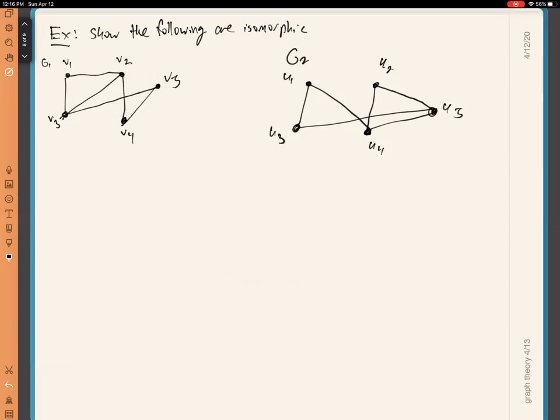And so we'll notice that the number of vertices in each graph is the same, right? So they both have 5 vertices. And moreover, there's no obvious reason that they're not isomorphic, like in the previous example. Like for example, there's no isolated vertex in G1, and G2 doesn't have any isolated vertices either, or there's no obvious disparity in the degrees of the vertices.